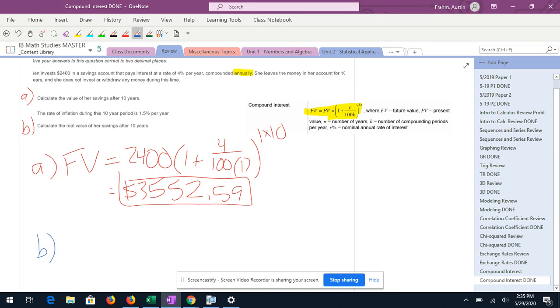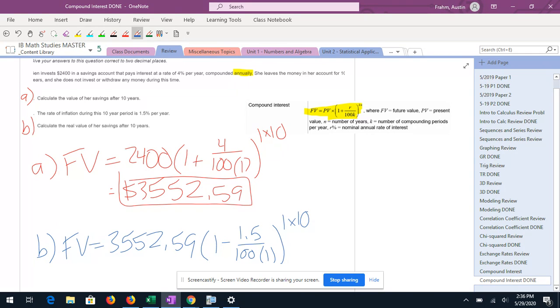And how we can calculate this is by using our formula again, but with a slight change. So we're going to calculate FV again. One change is our present value is now we're going to use our answer we got in part A. And in our parentheses, instead of it being 1 plus R divided by 100 times K, it's going to be 1 minus. The R value now is the 1.5%, but everything else stays the same. So it's 100 times 1 to the 1 times 10 power.